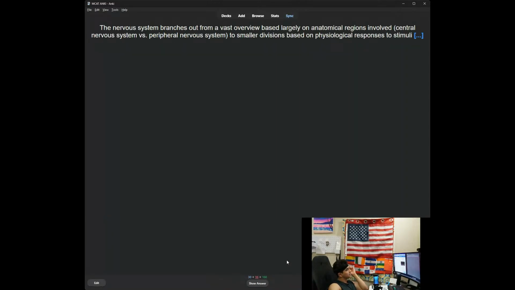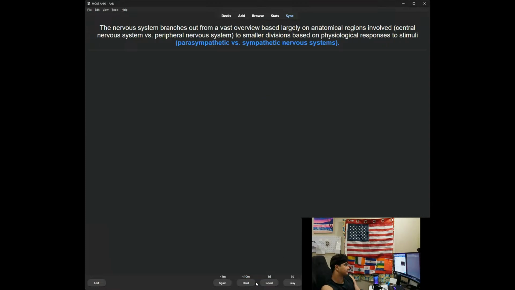The nervous system branches out from the vast overview, large anatomical regions involved, central nervous system, peripheral. Physiological responses, parasympathetic, sympathetic.